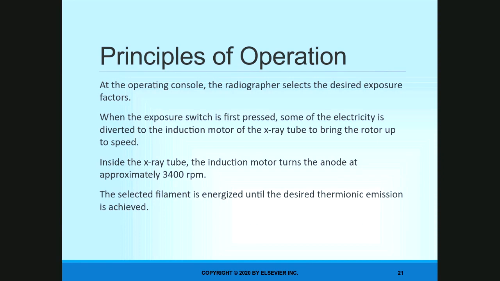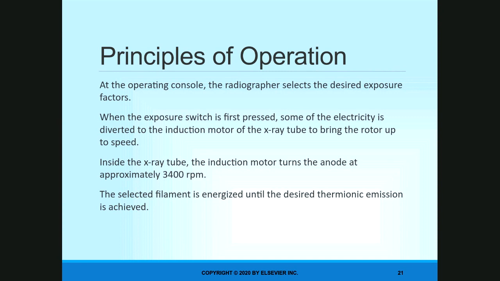Okay, and our exposure factors are our MA, our time, and our focal spot size. MA stands for milliamperage. Time is just as it sounds, how long you're going to make that exposure. Focal spot size, we said, has to do with resolution.